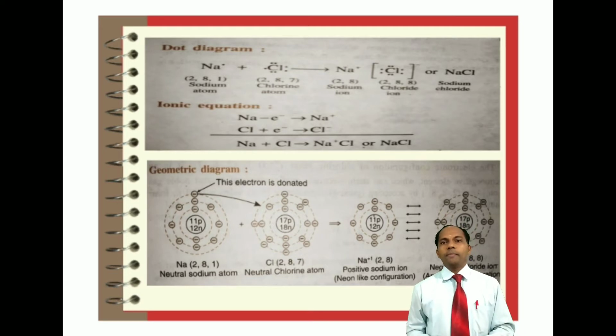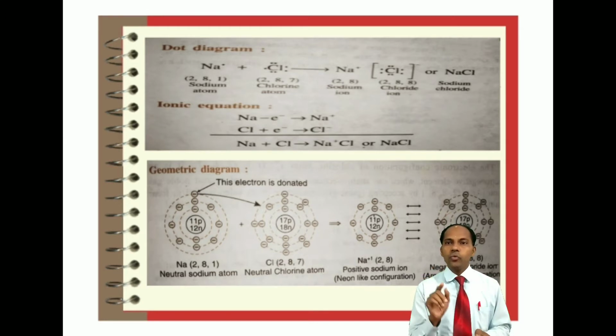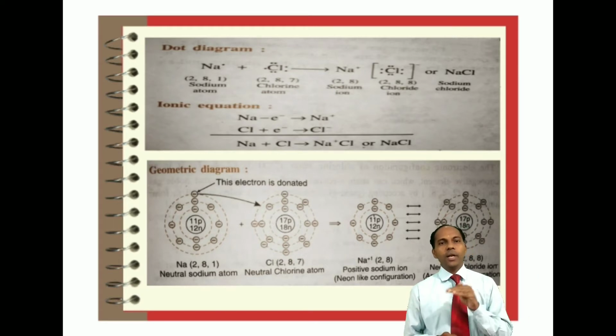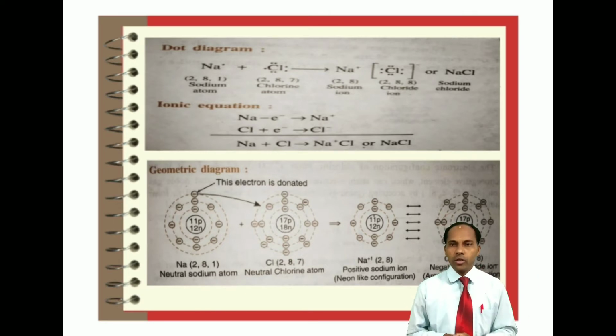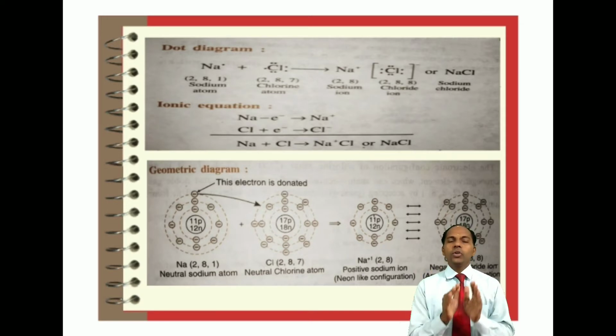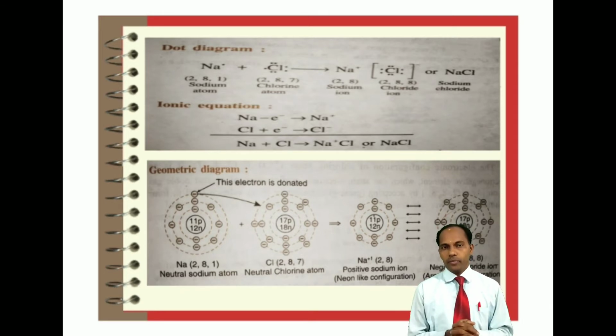And the valence electron from sodium is donated to chlorine, so that sodium acquires the electronic configuration of neon, 2, 8, and simultaneously chlorine gets the electronic configuration 2, 8, 8, and becomes Cl-.